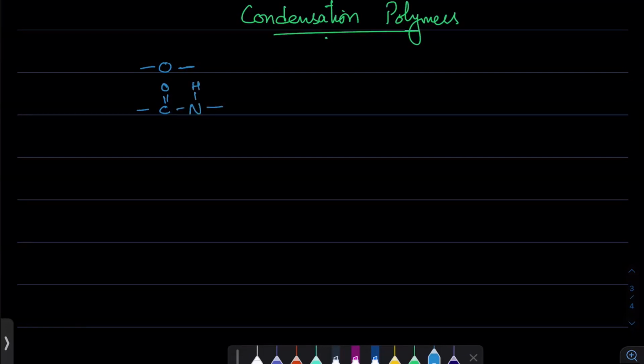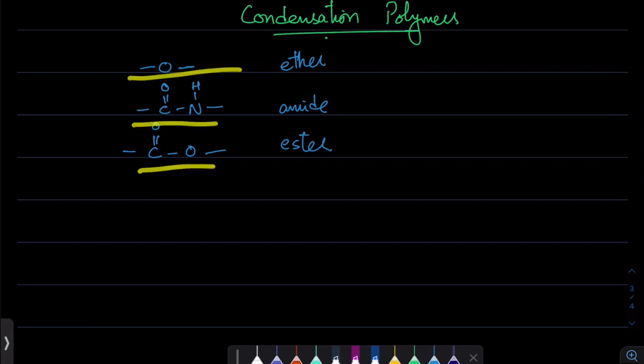That you will have one repeat unit joined with this bond, then another one, then this bond, then another one, then this group. This is an amide link. This is an ether link. And then you can also have the COO link, and that is the ester link. So any condensation polymer with this is polyether, with this is polyamide, and with this is polyester.